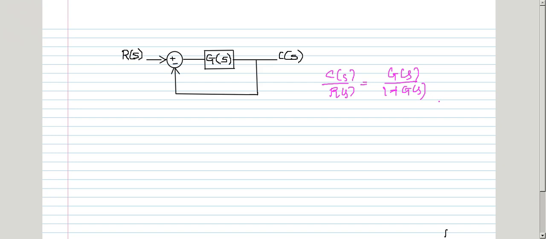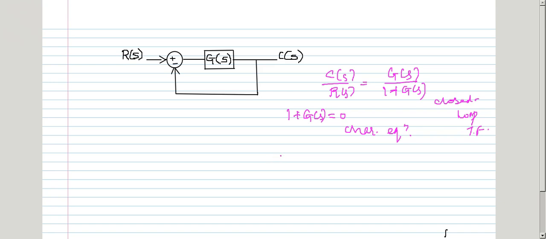This is called the closed loop transfer function. The characteristic equation for such a system is given by 1 plus G(S) equal to 0. The roots of the characteristic equation dictate the stability of the system. Roots are nothing but the poles of the closed loop control system.